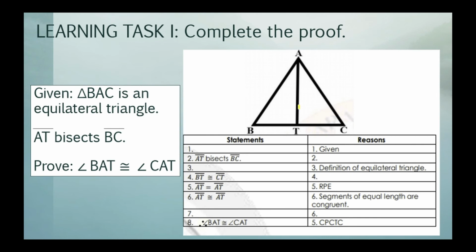So, ito daw AT na to, hinati si BC. So, nagkaroon tayo ng two congruent segments. Prove that angle BAT, ito, is congruent to angle CAT. Ayan. So, you are going to complete the statements. We have here 1, 2, 3, 4, 5, 6. Okay, bali 6 points ang learning task number 1.